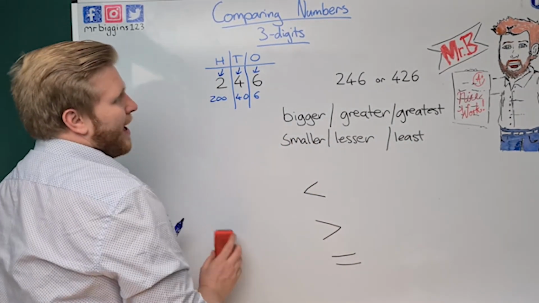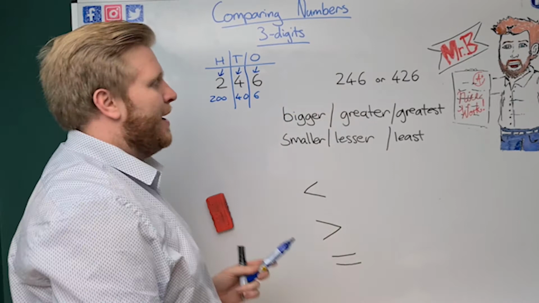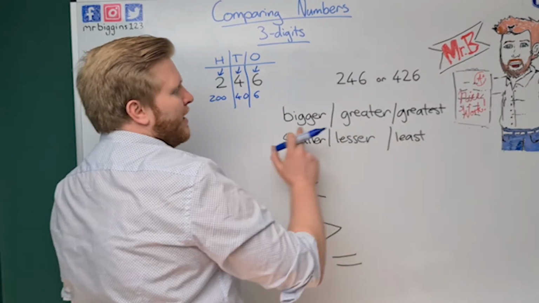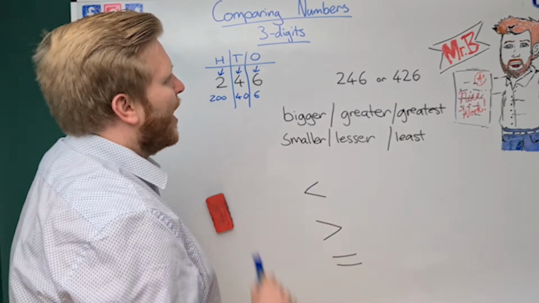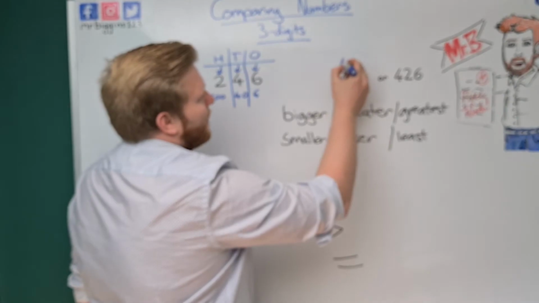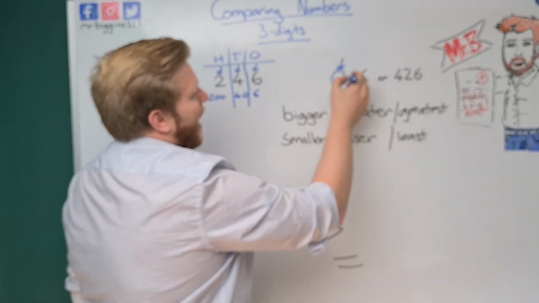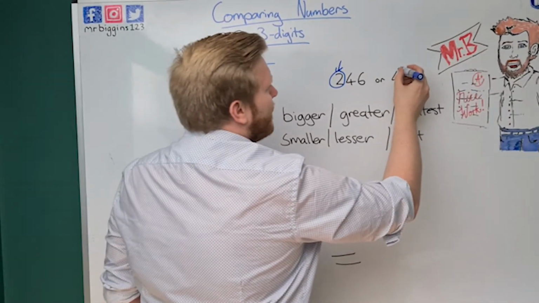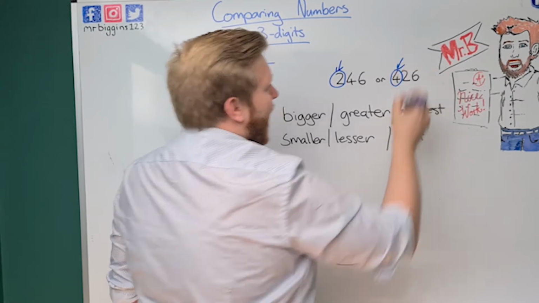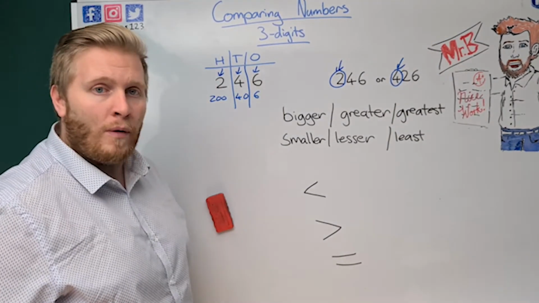So now we know that, let's look at this one. Let's say we've been asked which number here is the biggest, which number here is the greatest. So if I look in that column there, I have a 2. Now I'm going to look at my other number and look at that digit, and I can see I've got a 4, okay?